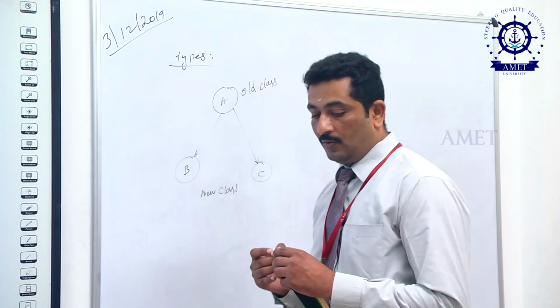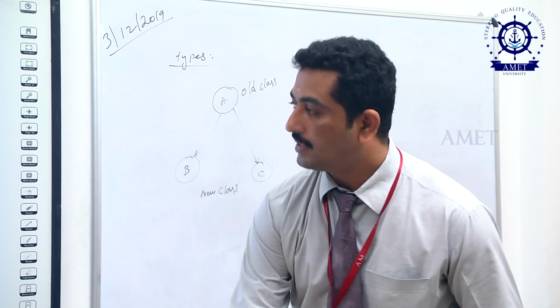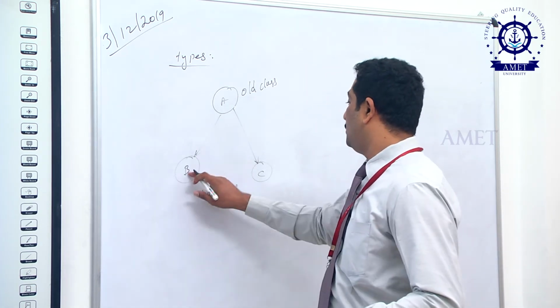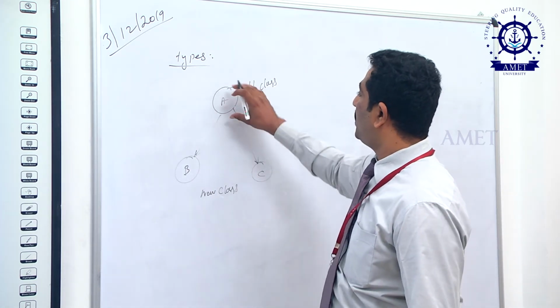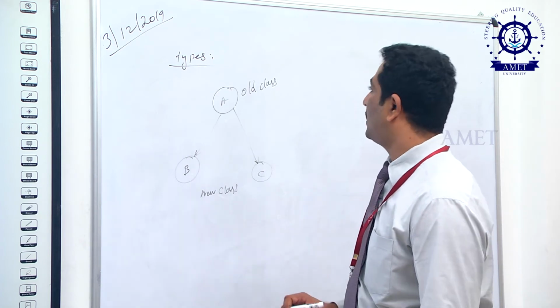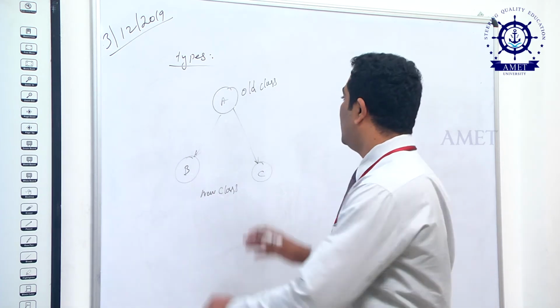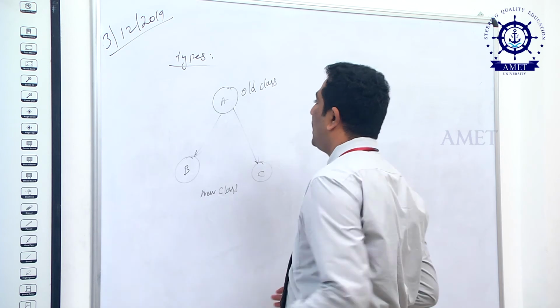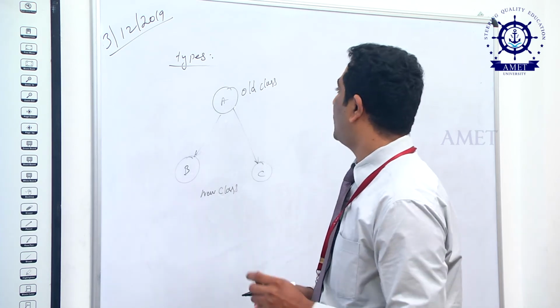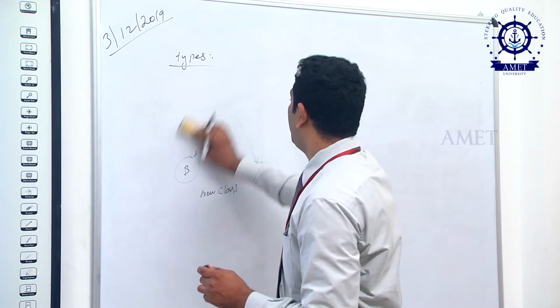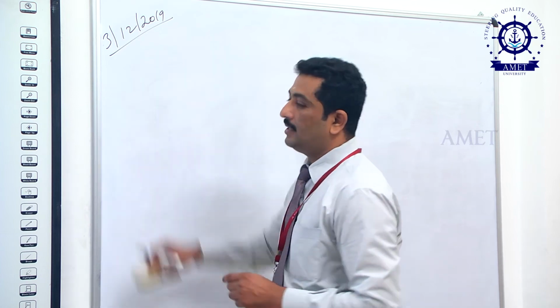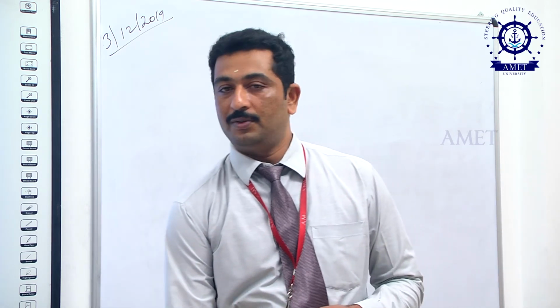So here one old class and two new classes are there. The two new classes access the property of the one old class. That concept is called hierarchical inheritance. This looks like a hierarchy, that's why it is called hierarchical inheritance. So basically these four types of inheritance are used in the current scenario.